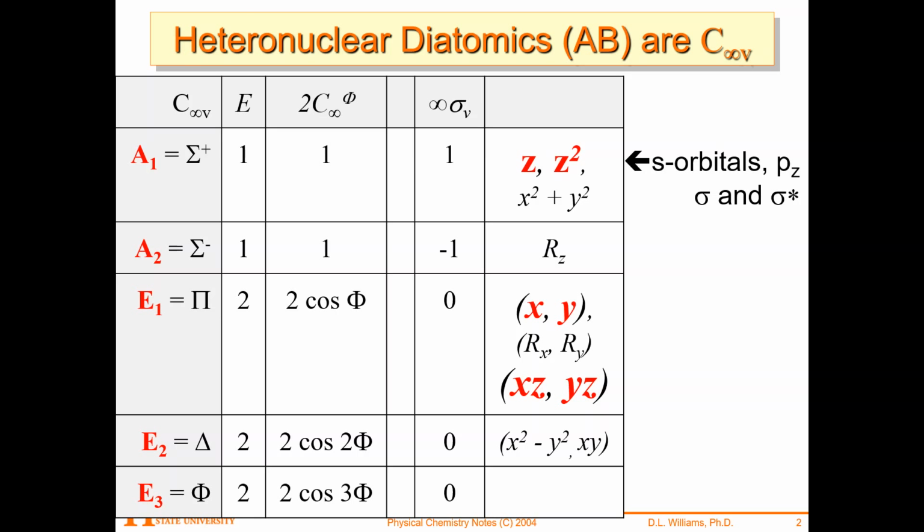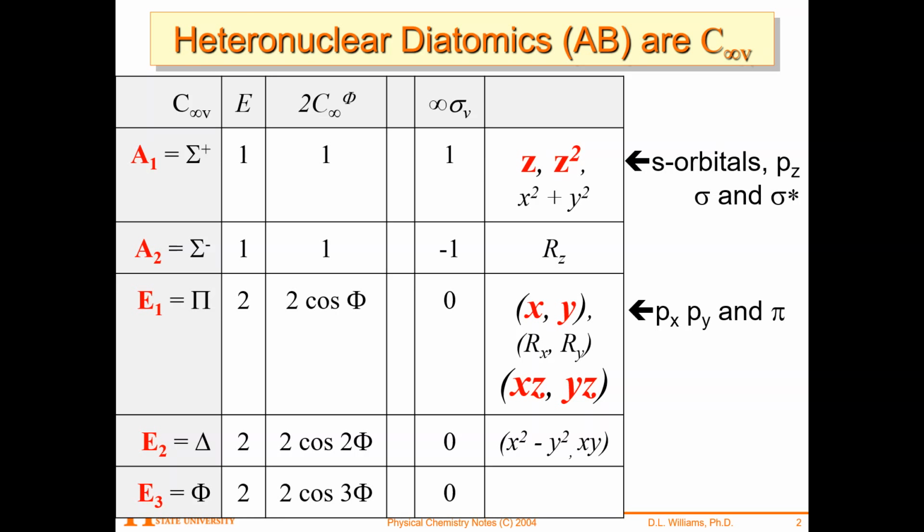It's very convenient to know that anything that has that sigma symmetry, sigma star, or S orbitals, or anything along the Z axis, PZ orbital, or like the DZ squared orbital, Z squared minus X squared minus Y squared, is going to be A1. Anything with the X or Y, like PX or PY, would be E1. Any pi bonding has an X character or Y character, and that's going to be E1.